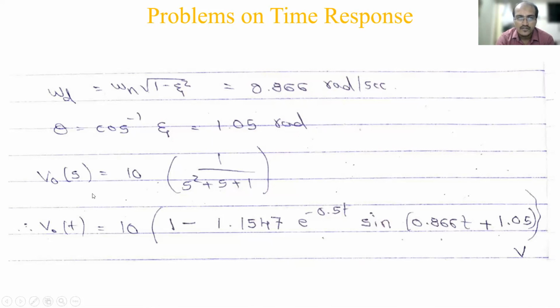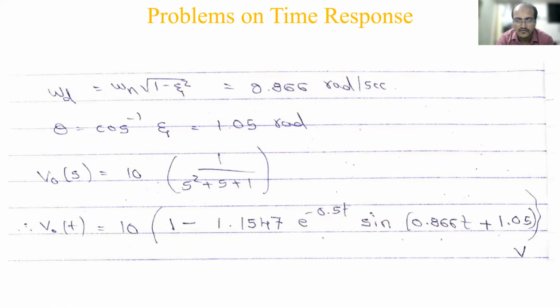Now substitute V naught of S is 10. I have taken the 10 outside to get 1 divided by S square plus S plus 1. For this I have applied the formula: e to the power minus zeta omega n t. I have not written that down, so you write it down.